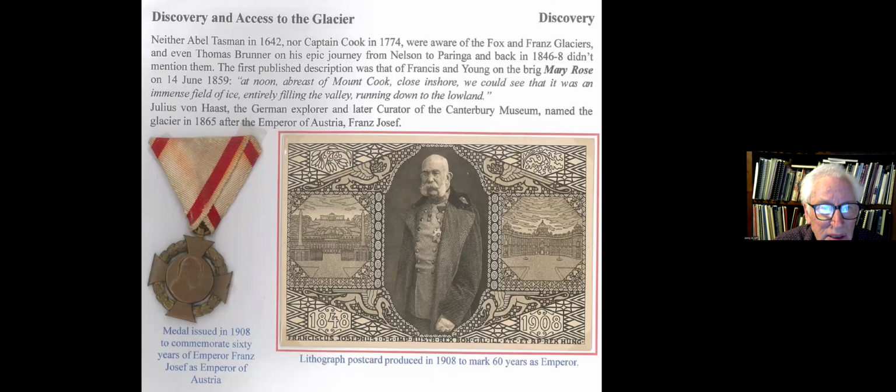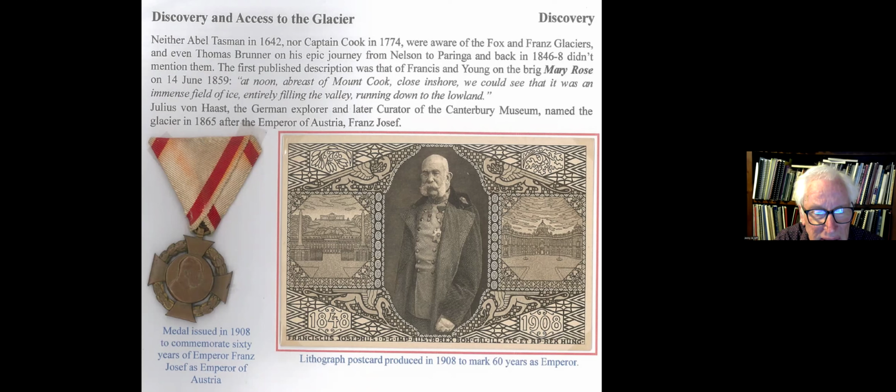So discovery of the glacier I mentioned before, it was named after Emperor Franz Josef. That's his spelling, Josef. But you can actually find postcards which have anglicized that to Joseph, but not commonly.